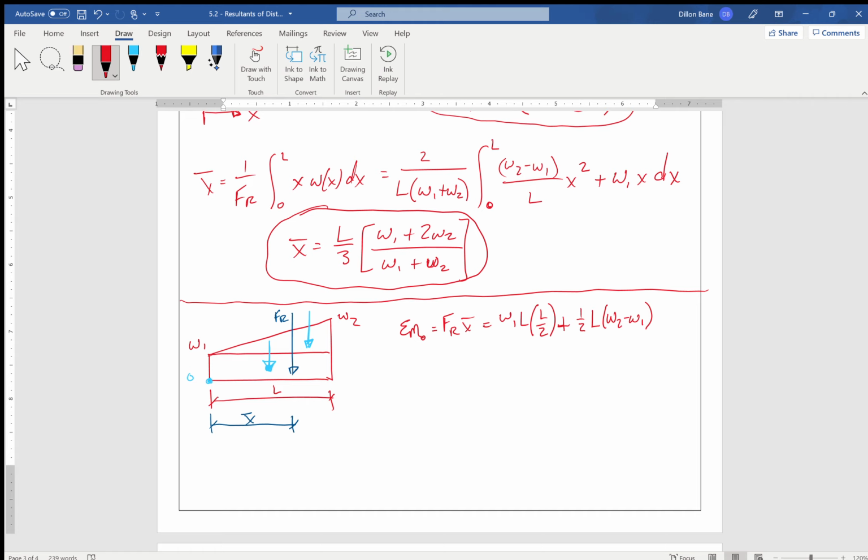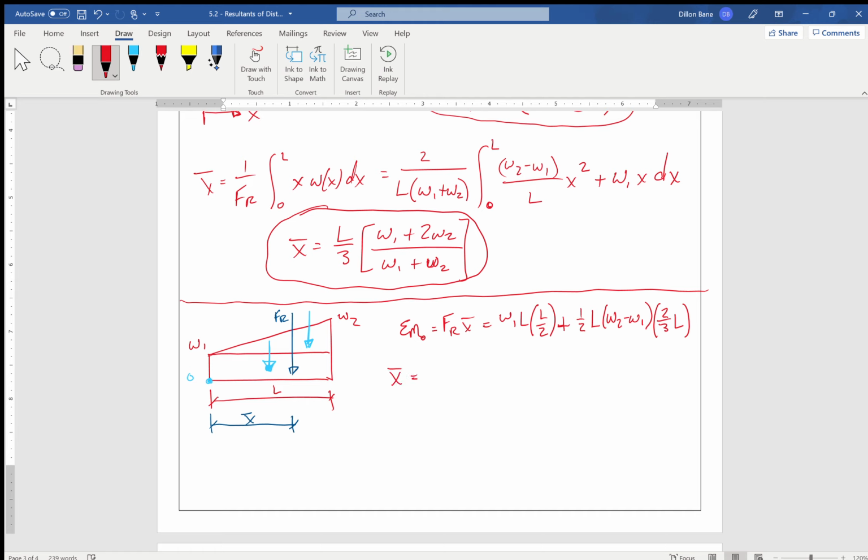And then all we have to do now is multiply it by a moment arm, whatever the distance is from that force to point O. And we know that distance is 2/3 L. And we know that this FR is the area of the trapezoid.